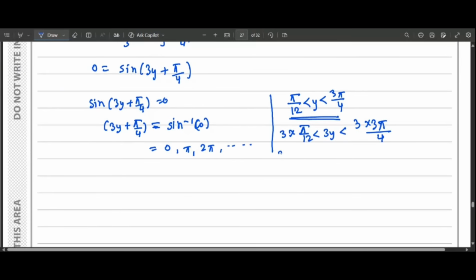So 3 by 12 pi plus pi by 4 is less than 3y plus pi by 4, which is less than 9 pi by 4 plus pi by 4. Now this will give us pi by 2 is less than 3y plus pi by 4, which in turn is less than 5 by 2 pi.